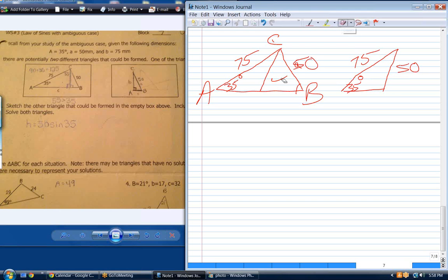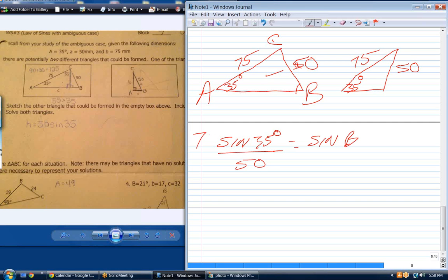So let's go through this one just to make sure. Let's solve this triangle first. I take the sine of 35 over 50 equals sine of B over 75.